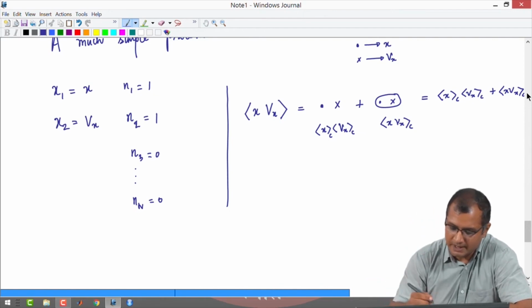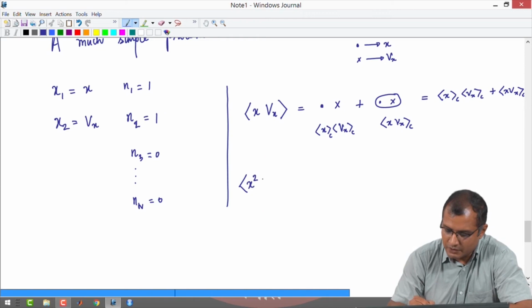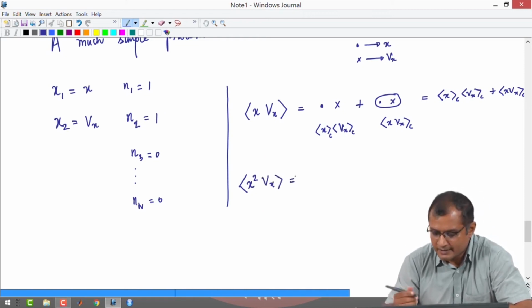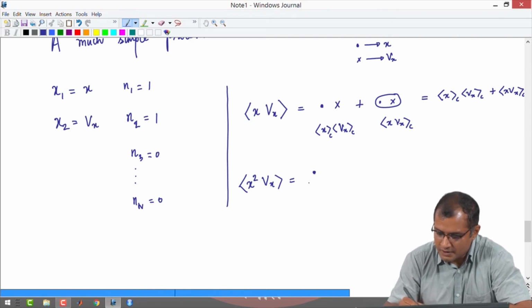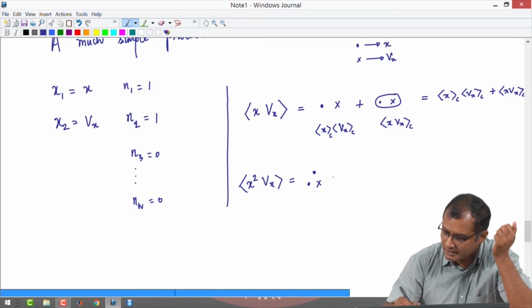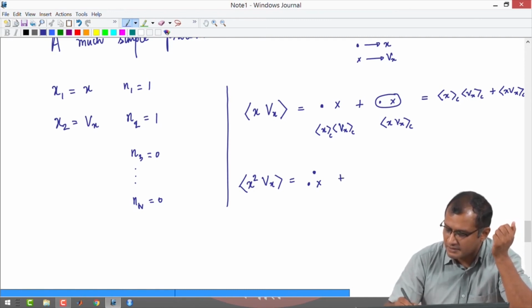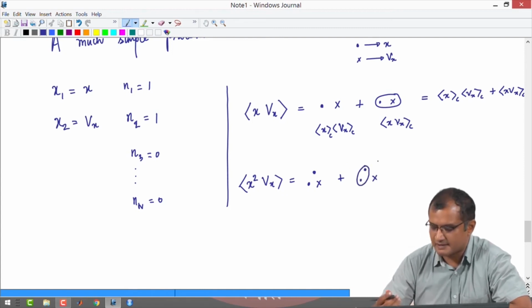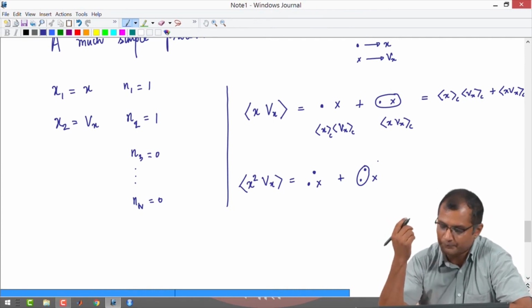So you would be basically interested in finding out, let us say, x square into vx. Now how do you do it? Well, there are two x's, so I'll put two dots because the dot represents x, and there is one vx which I will indicate as a cross. 3 points. Now I can arrange this in many ways. One way would be to connect the two dots and leave the cross as is. There is only one way you can do it.